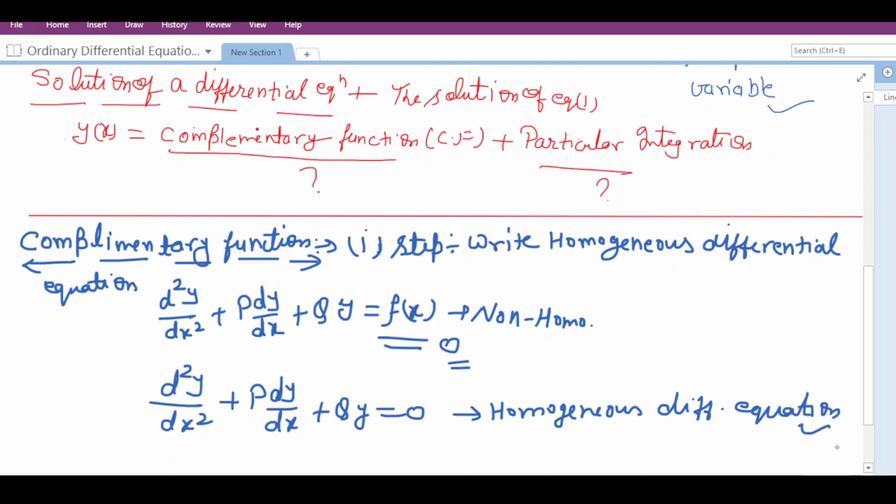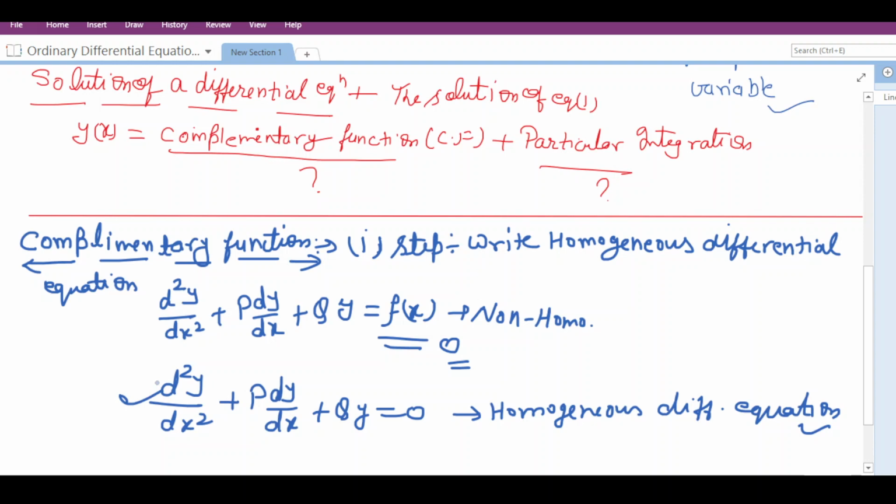So it should be remembered, if we have to convert a differential equation into a homogeneous differential equation, then we will put the non-homogeneous part, that is a function of x, completely equal to 0.